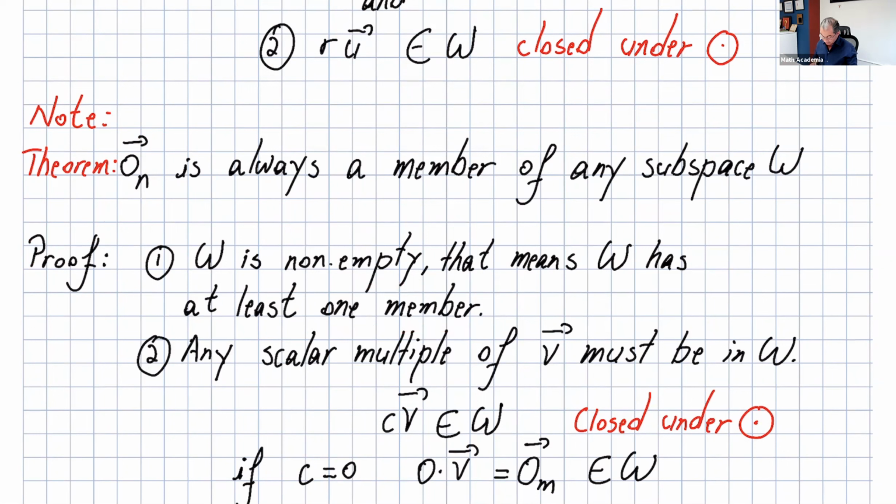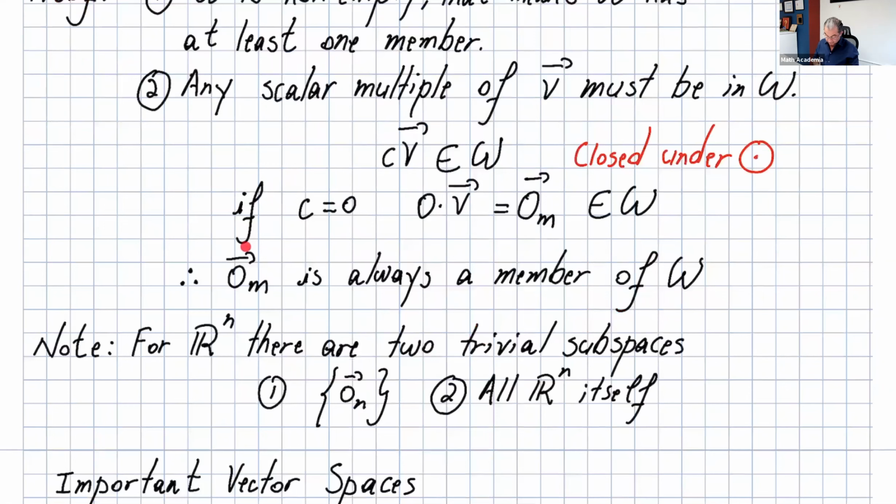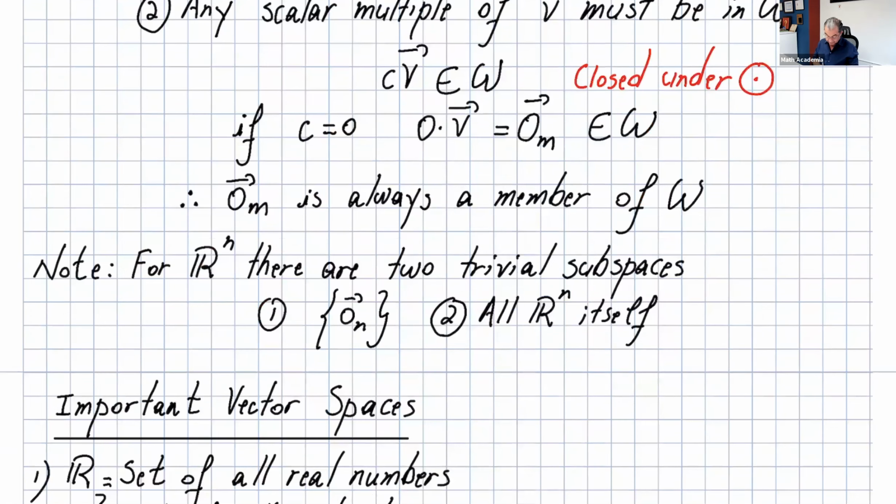So any scalar multiple of v must be in W. That means c times v must be a member of W. And if c equals 0, because c can be any real number, then 0 times v is the zero vector, so it is in W. Therefore the zero vector is always a member of W. A little note here: for Rn, there are two trivial subspaces. One is the zero subspace, containing only the zero vector, and the other is Rn itself.